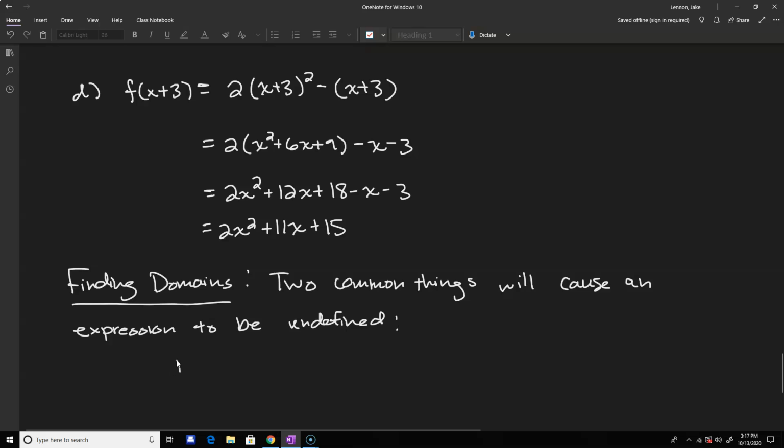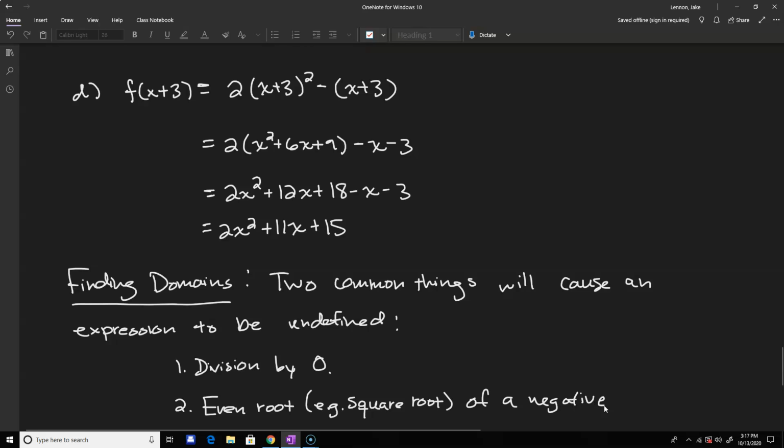So one is division by 0. And another is, let's say, taking the even root, for example, a square root of a negative.